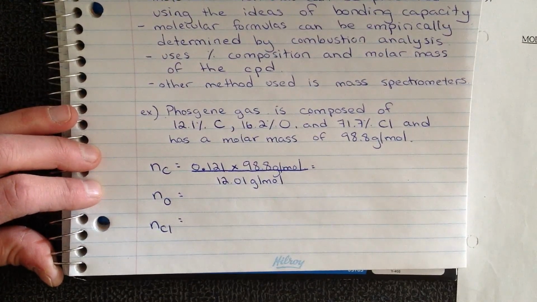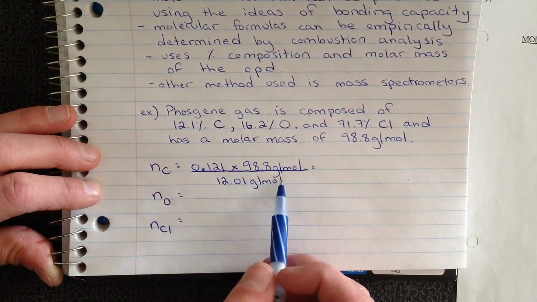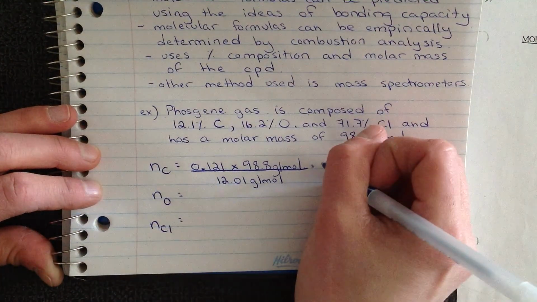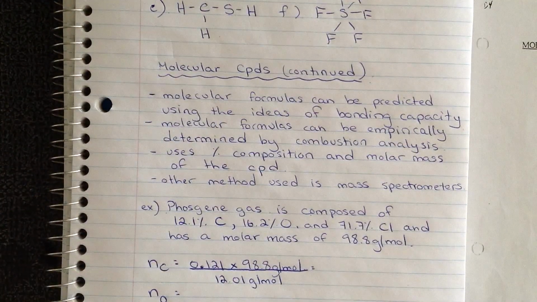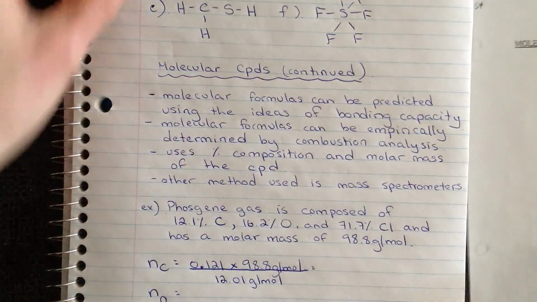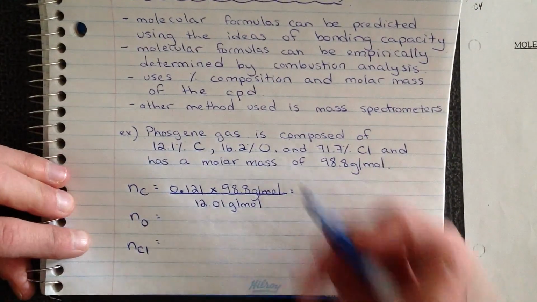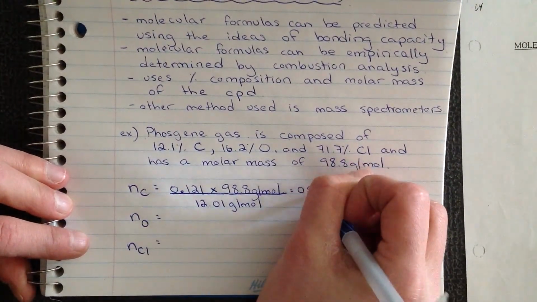So when we calculate this in our calculator, 0.121 times 98.8 divided by 12.01, we're going to get approximately 0.995, blah, blah, blah.